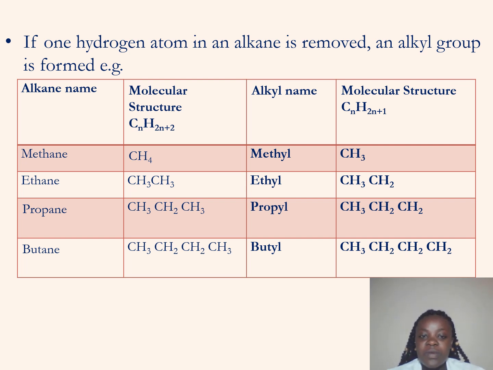So ethyl group is from ethane, methyl group is from methane, propyl group is formed when we remove one hydrogen atom from propane, and butyl group is an alkyl group that is formed when we remove one hydrogen atom from butane. So this is how we form alkyl groups, and we remove the suffix ane and we replace it with yl. So ethane becomes ethyl, and so on and so forth.